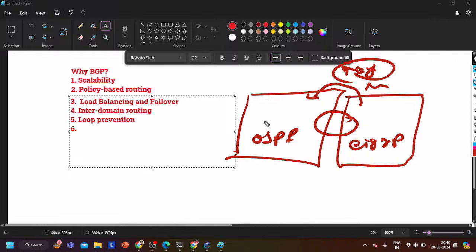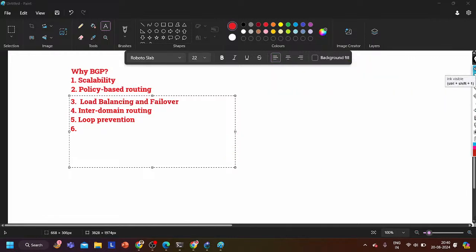In the OSPF domain, I can filter the route with the help of the tag value. While redistributing, I can add the tag number 20, right? And with the help of that tag number, I can filter the route in the OSPF domain. That is fine, but I have only one option, right? But in BGP, you will have lots of options. More than 12 attributes are there, guys, in BGP.